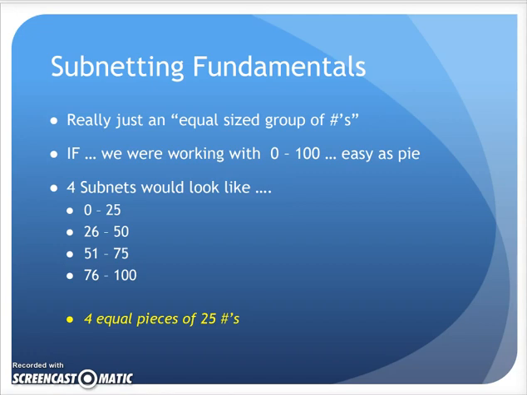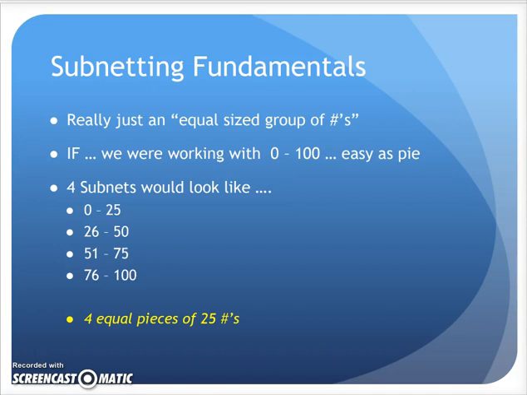Second piece of subnetting fundamentals is, subnetting is really just equal size groups of numbers. That's all it is. So if I was working with IP addresses that were in the range of 0 to 100, this would be easy peasy.